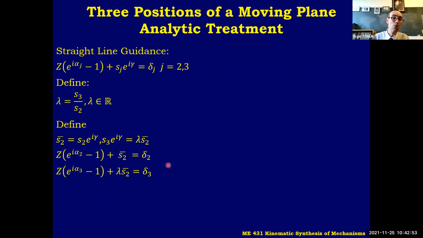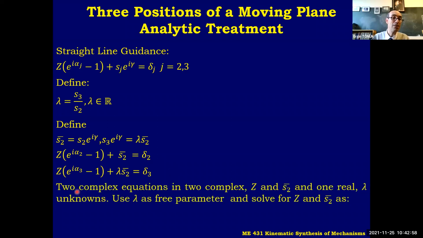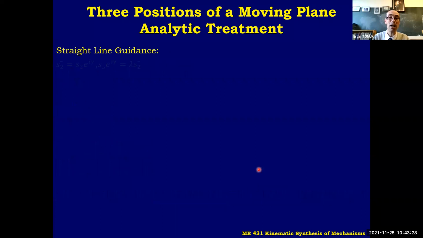And this form of complex equations is more handy. What we have is actually two complex equations in two complex unknowns, which are Z and S2, and we have one real parameter, lambda. So I can use lambda as my free parameter to solve these two complex equations in two complex unknowns very easily, like this.